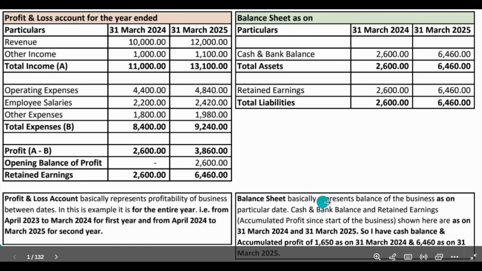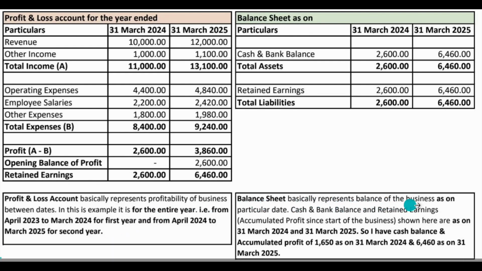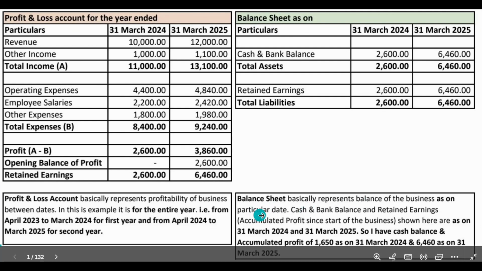While the balance sheet basically represents the balance of the business as on a particular date, that is cash and bank balance and retained earnings, that is accumulated profits from the start of the business, shown here as on 31st March 2024 and 31st March 2025. You can see here, I have accumulated profits of 2,600 as on 31st March 2024 and 6,460 as on 31st March 2025.